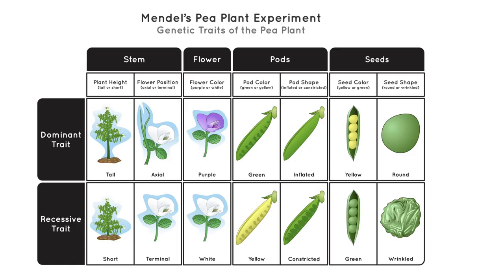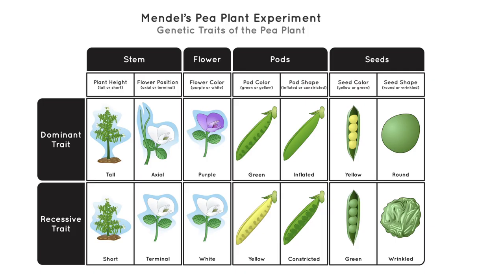So he repeated his experiment for other traits, and he found that tall plants were dominant over short plants. He found out that the color of the pea pod, the green, is dominant over the yellow. And the shape of the seed, round or wrinkled, round was dominant over wrinkled. And so on.